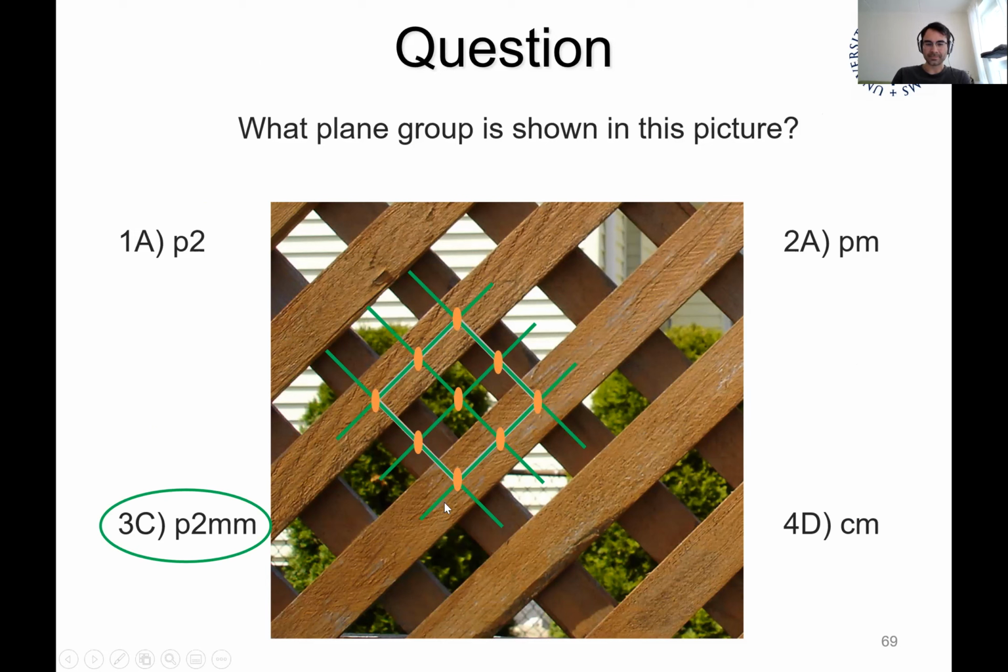Now, in this case, these mirror planes are not equivalent to these mirror planes, because if you rotate this mirror plane 180 degrees, it ends up looking the same. It doesn't end up becoming the opposite diagonal. So these 2 sets of mirror planes are different, which is why we have 2 m's in the name, P2mm. Great.